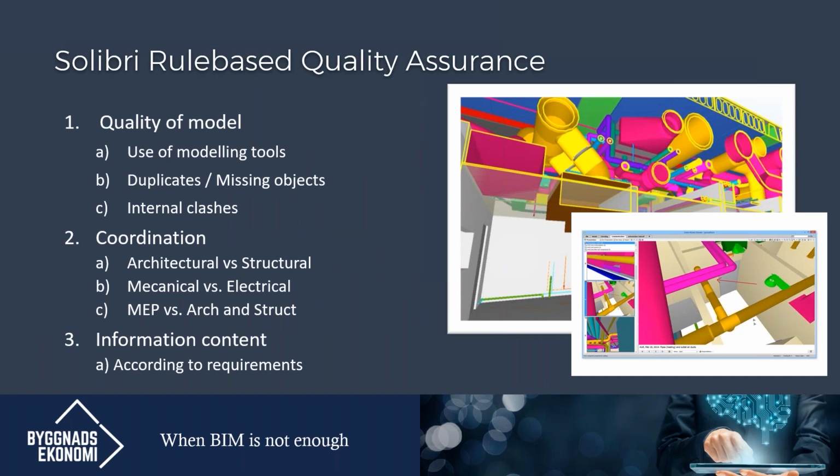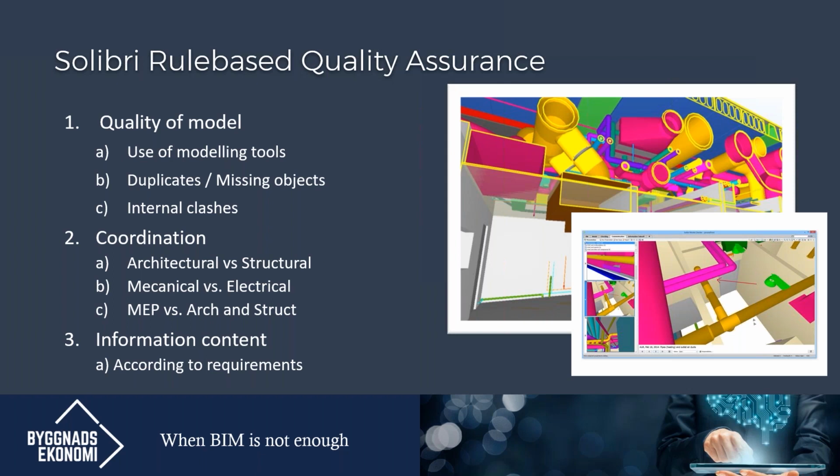Then back to Solibri. In order to get the quality assurance done, there are a lot of things you can do with Solibri. You can do the standard quality checking of the model, so make sure that everybody is using the right modeling tools. You can check for duplicates and for missing elements. You can find all the internal clashes within a specific design trade.